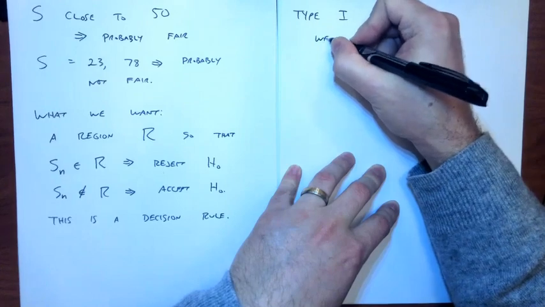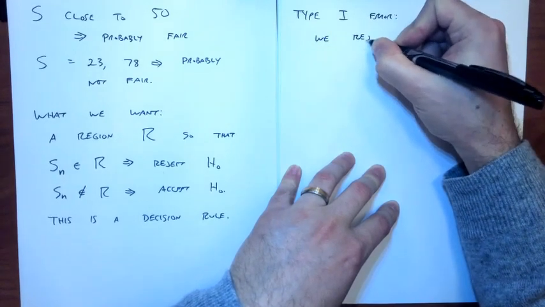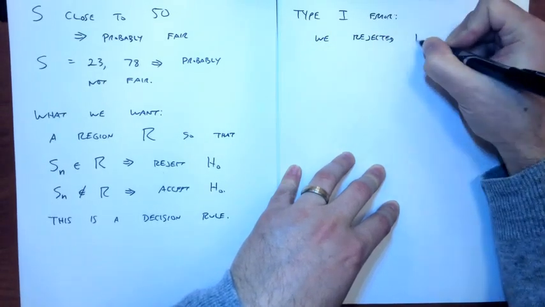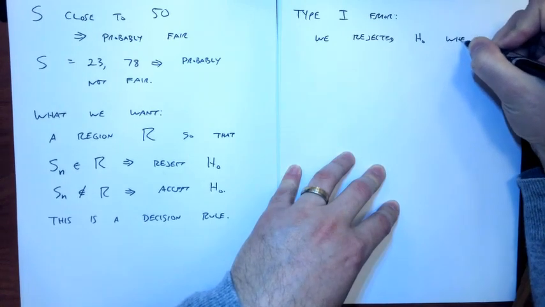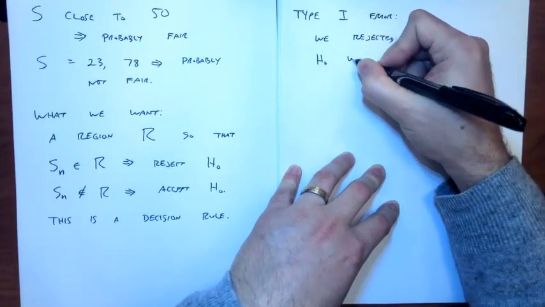Basically, we rejected H0 when H0 was true.